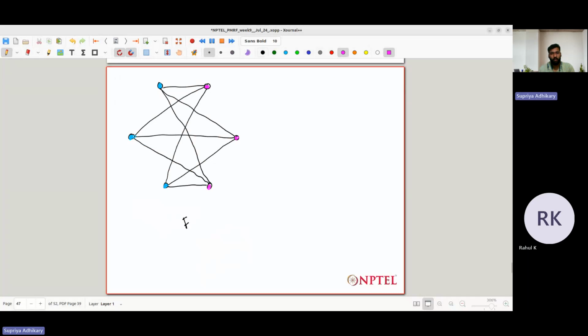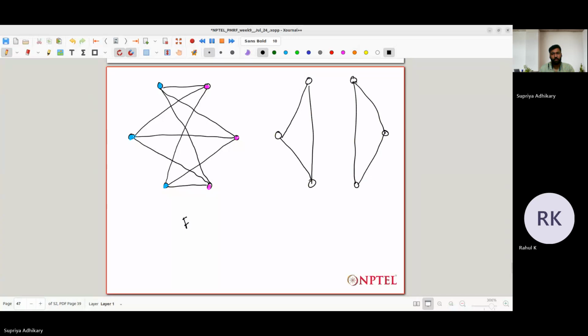And we got another graph H. Now we can just use 3 colors to color this graph.